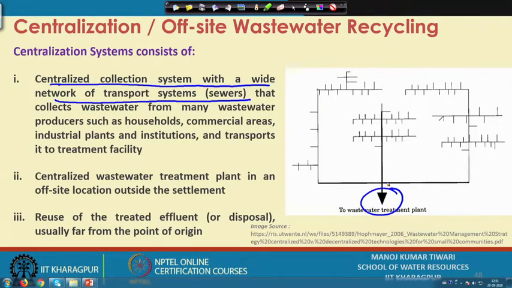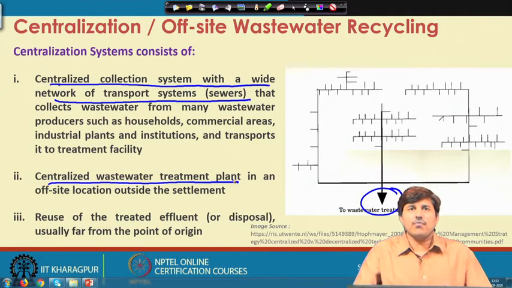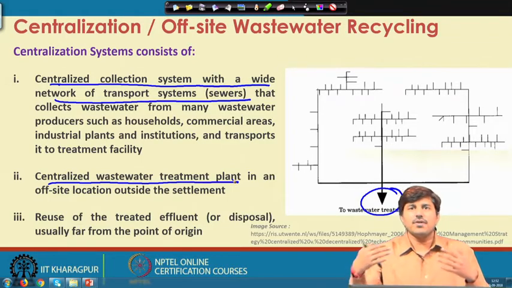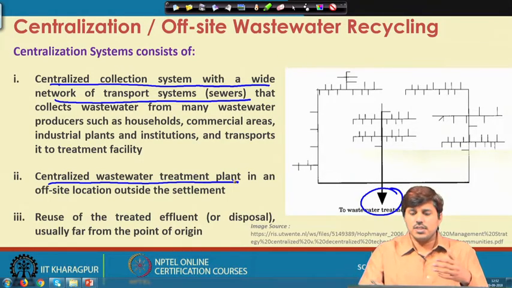So, we need a treatment plant of that size, which is your centralized treatment facility, and then we will go for the various reuse applications of the treated effluent, or disposal if we want to dispose of it. So, we will think about disposing of the treated effluent or reusing it.